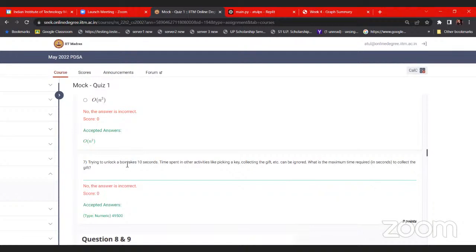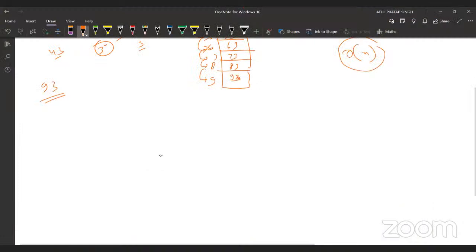Okay, so we will use the same formula. If we have 100 boxes and we are getting the series n plus n minus 1 plus n minus 2 down to 1, the formula for that is n into n plus 1 divided by 2.